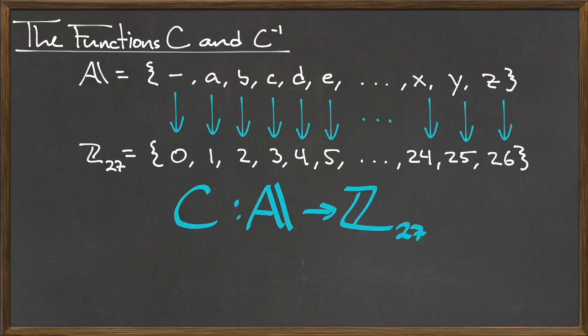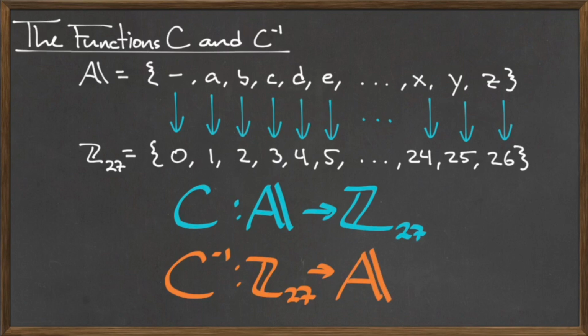To decode the numbers back into characters, we use the function C inverse, which takes elements in Z mod 27 and sends them back to elements in the set Blackboard A. To do this, we send each number to its corresponding letter of the alphabet.